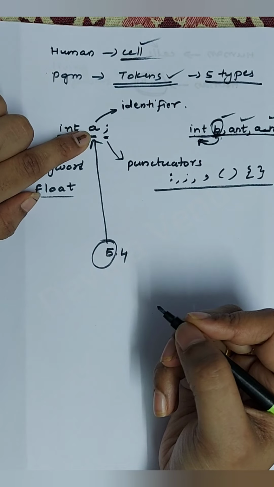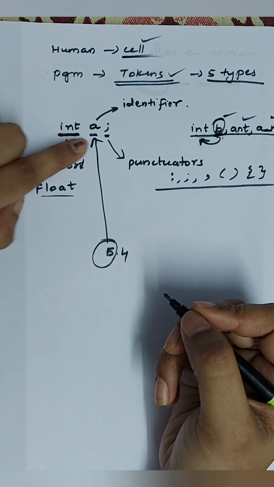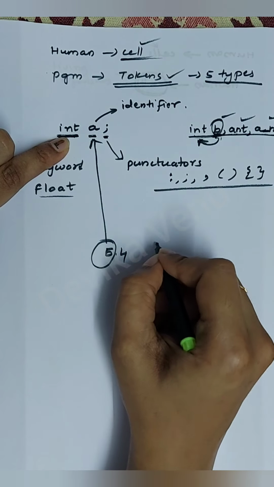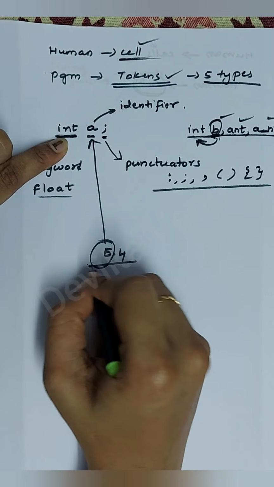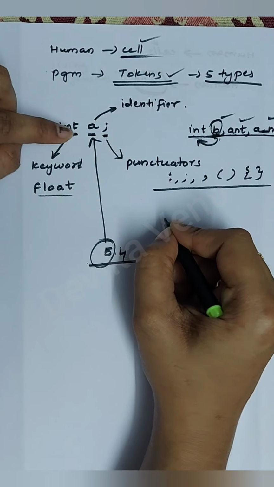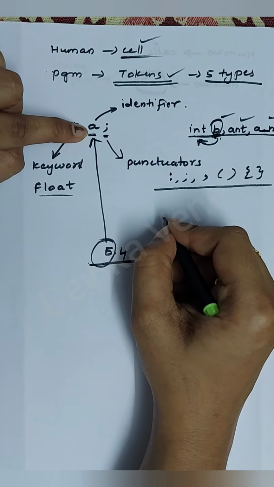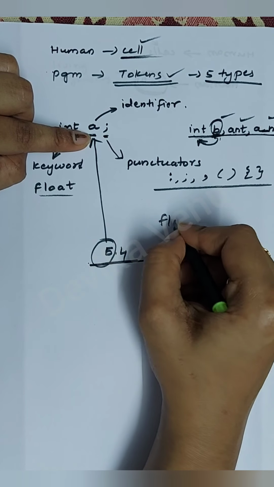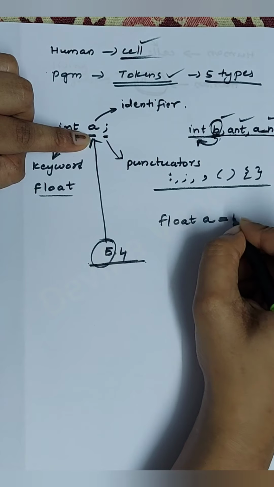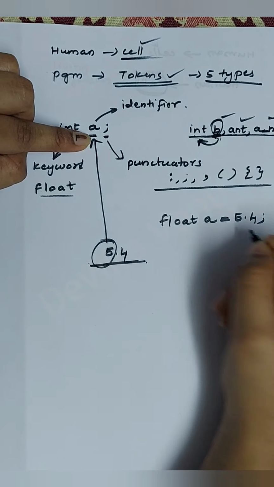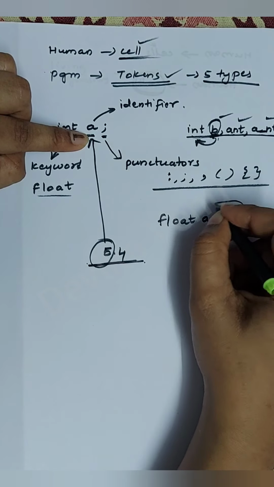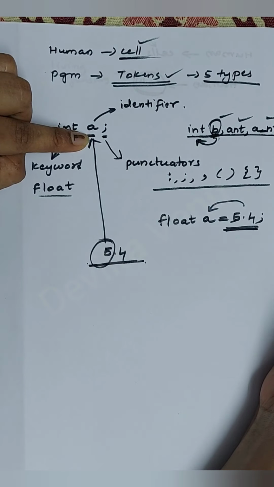Because a has only the ability to store an integer value. If I want to feed this 5.4 totally into a, I have to declare the variable a as float a equal to 5.4. If I write like this, this whole 5.4 will be saved inside a.